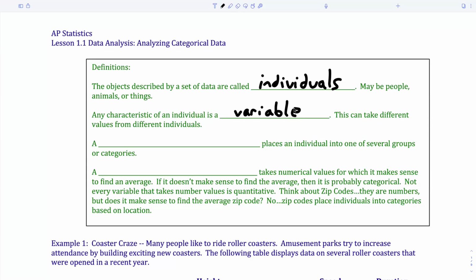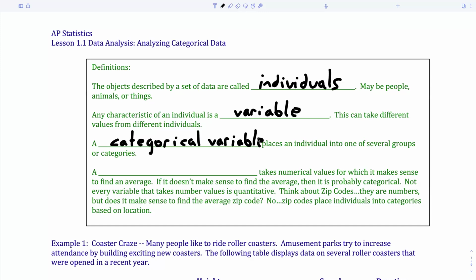So we have two different types of variables. First type is called a categorical variable. Categorical variables place an individual into one of several groups or categories.